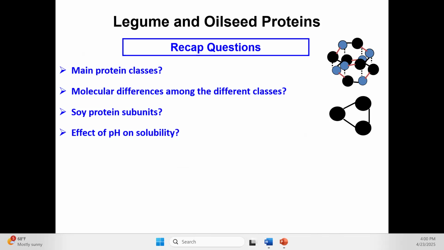The monomer in legumin has two subunits bonded by a disulfide, the acidic and the basic subunit. So it's a very complex hexamer, whereas the vicilin is made up of three monomers and each monomer is just one subunit. It's not made up of multiple subunits.